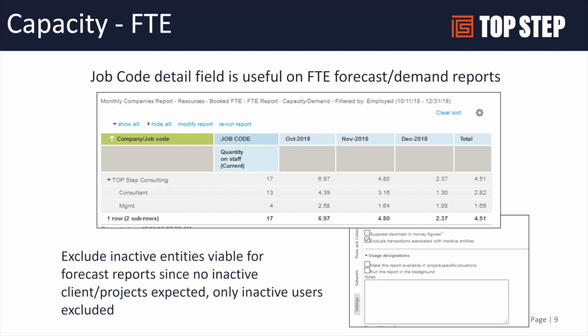By doing a summary report by job code, we can include the quantity of staff as a detail field and show the capacity and demand in future months, to see where we're overstaffed or understaffed. That gives you a good report. And again, making sure you're excluding any inactive entities is important for this report to be accurate.